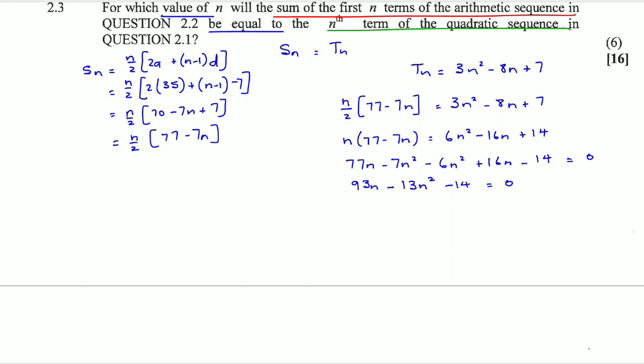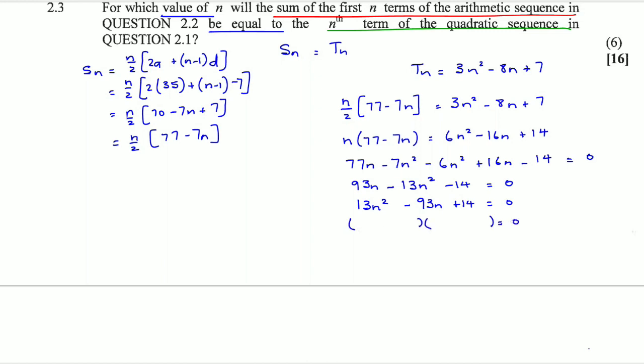Now we can multiply through by minus 1. That will give us 13n squared minus 93n plus 14 is equal to 0. And we're ready to factorize.